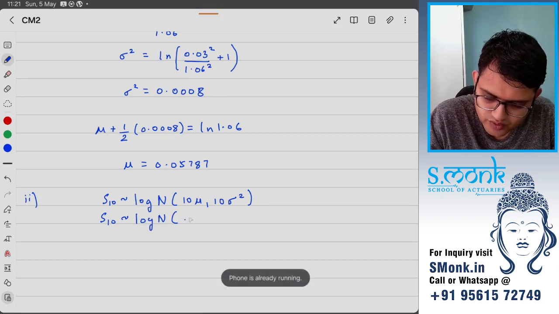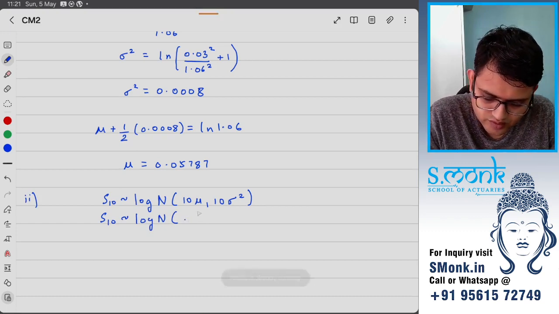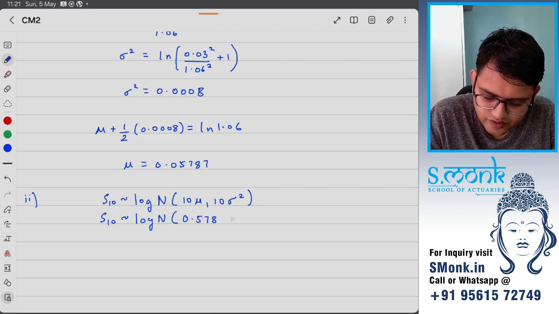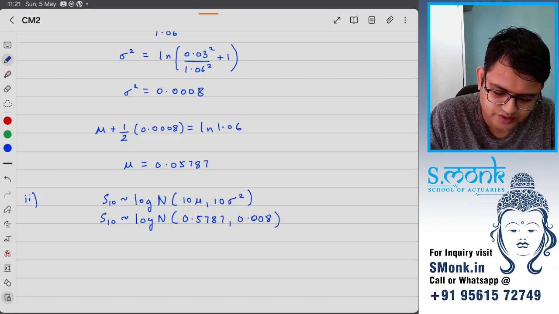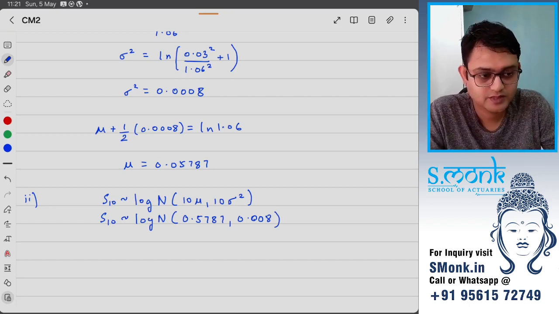Ten mu would just be 0.5787 and sigma squared 0.008, right?